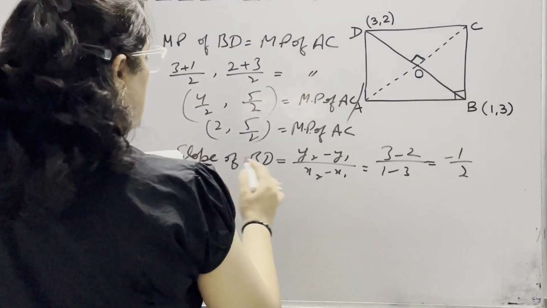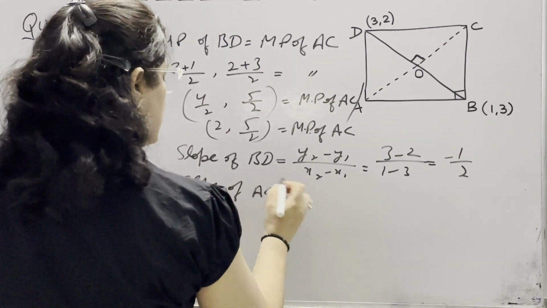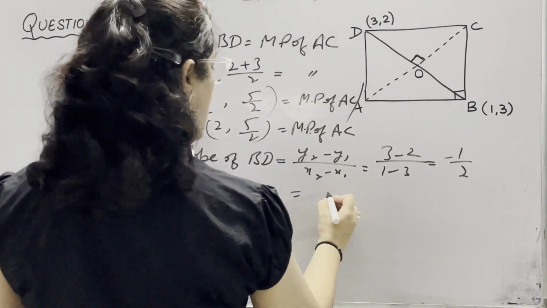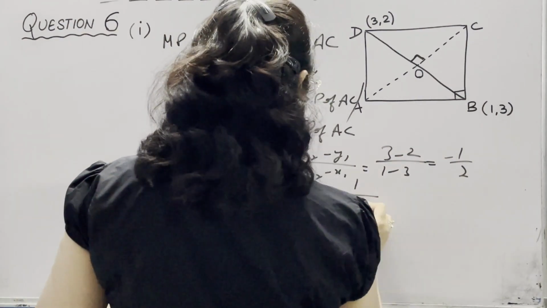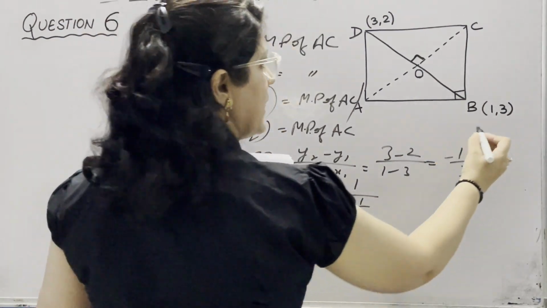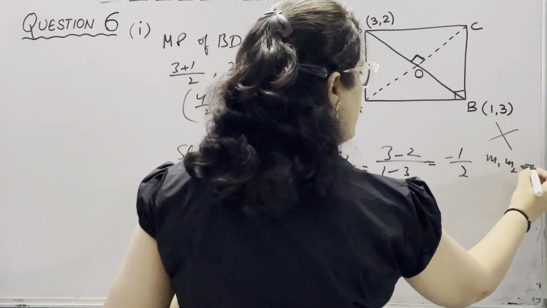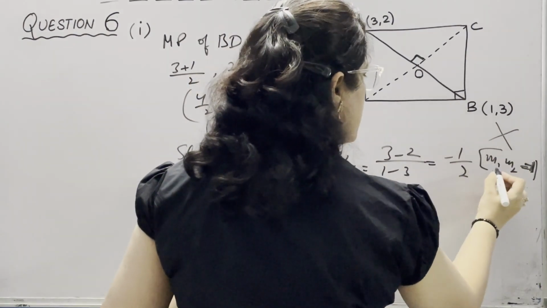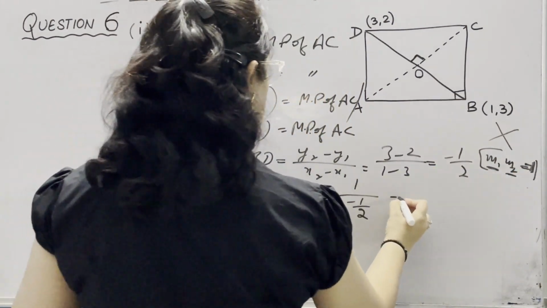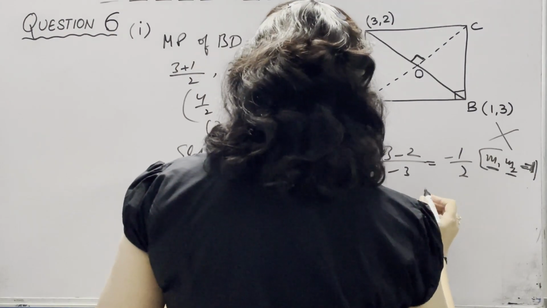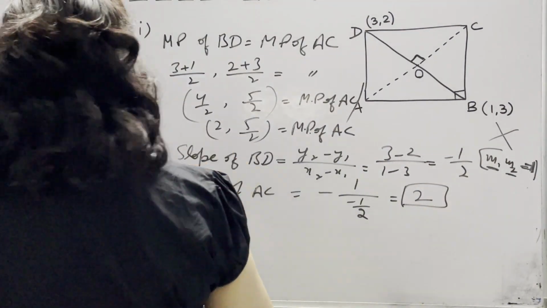Now, the slope of line AC, which is perpendicular to this, is equal to minus 1 upon the slope of this line. We know that if two lines are mutually perpendicular, then m1 into m2 is equal to minus 1. So its slope comes out to be 2. So this is the slope and this is the point.